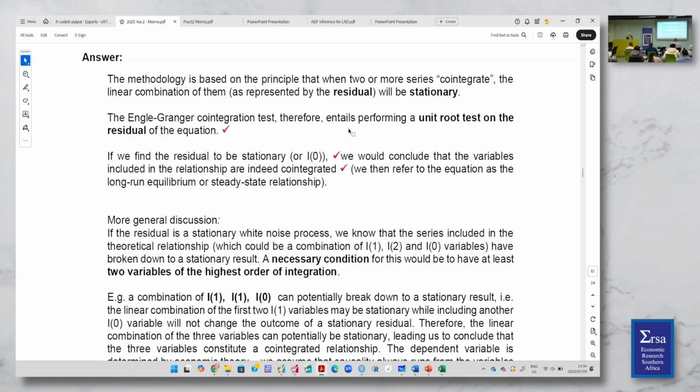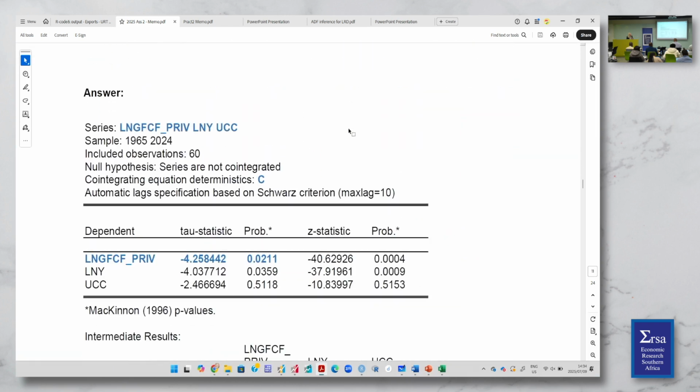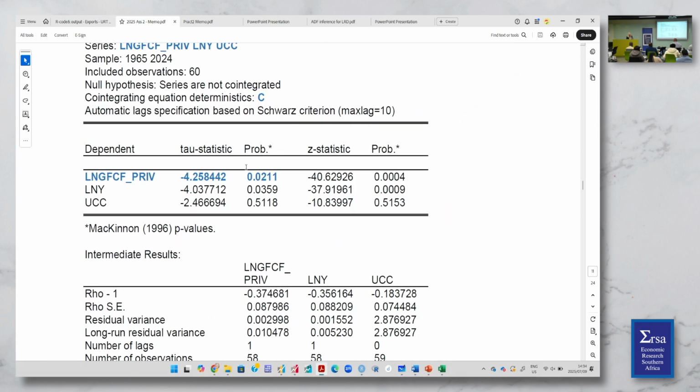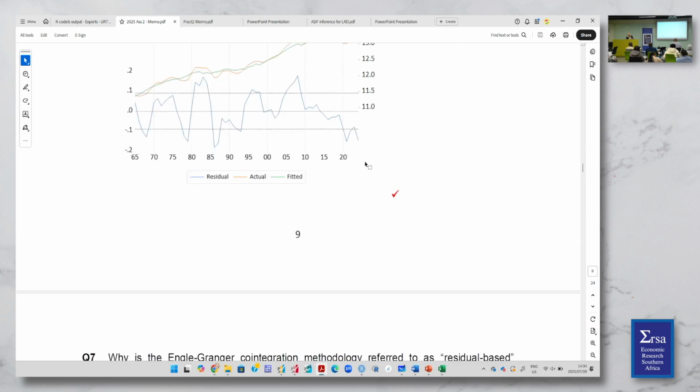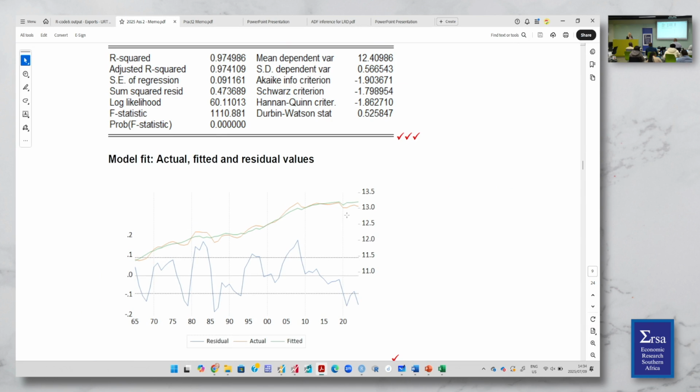If we test that for co-integration, we do find co-integration. But what we see is that there's a little bit of an underestimation here and here and also here. So can we do a little bit better?